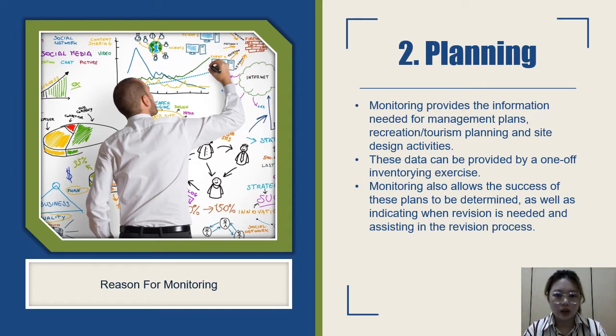This data can be provided by a one-off inventorying exercise or preferably from an ongoing monitoring program. The monitoring also allows the success of these plans to be determined as well as indicating when revision is needed and assisting in the revision process.